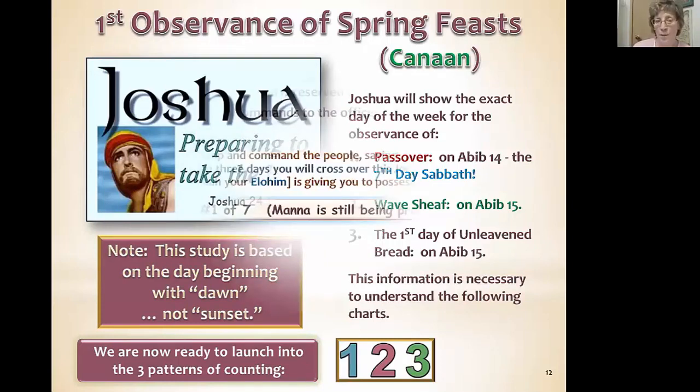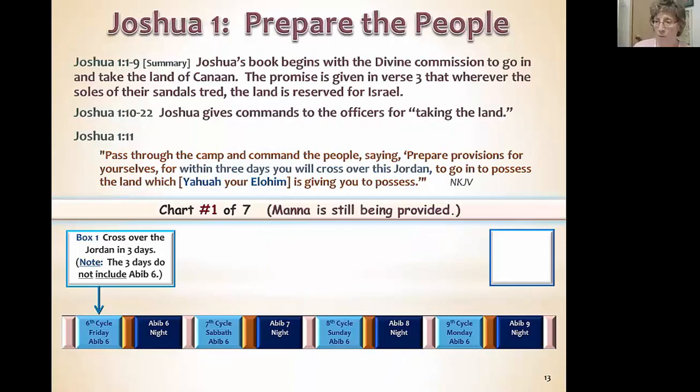In Joshua chapter 1, he is getting ready to prepare the people. In verses 1 and 9, his book begins with a divine commission to go in and take the land of Canaan. And there was a promise given in verse 3 that wherever the soles of their sandals tread, that land is reserved for Israel.